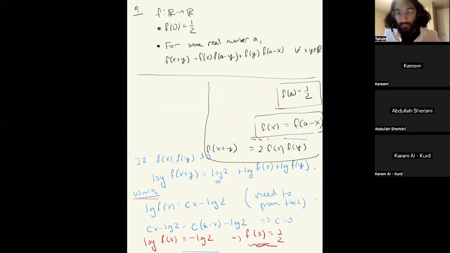Yeah, I have an approach to prove that. Oh, okay. You have a what? An approach to prove f of x is equal to 1/2. Okay, yes. What's your approach?